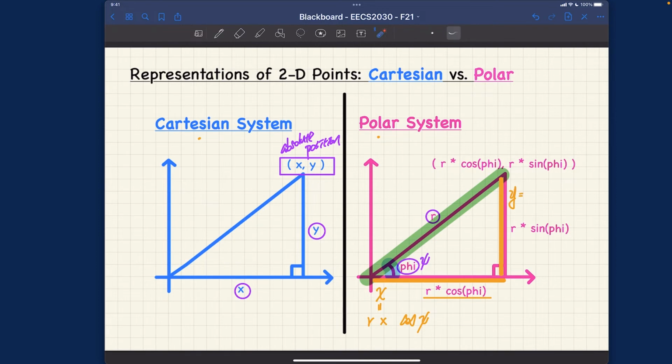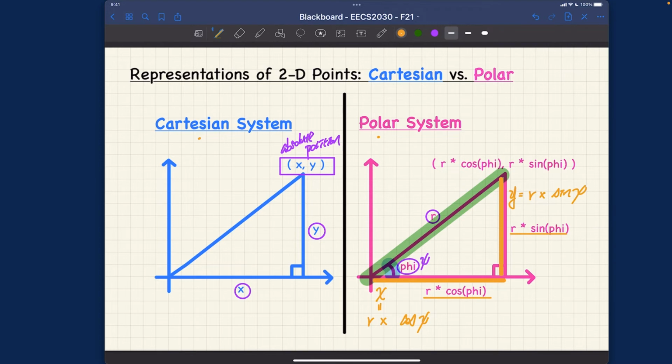In order to calculate this distance relative to this and this, it's going to be r multiplied by the sine of phi. So that's about these two conversions.